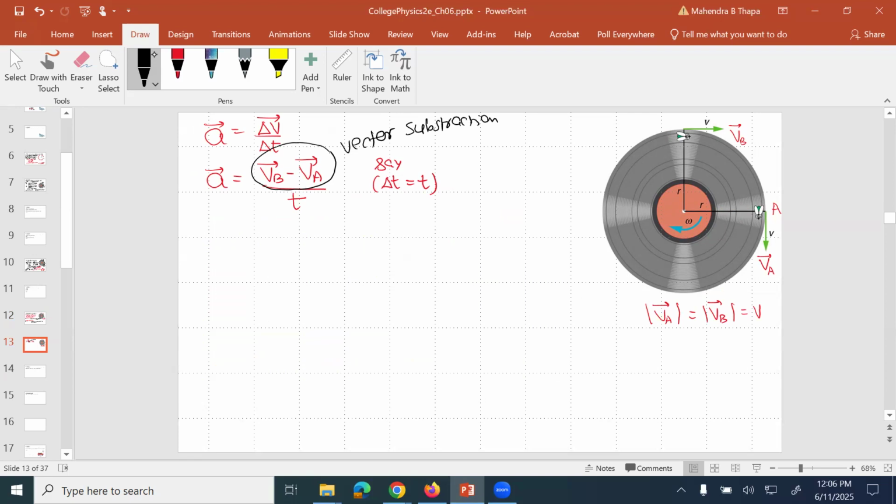If we proceed forward, we get this acceleration, meaning the positive value of this acceleration, equals v squared over r.